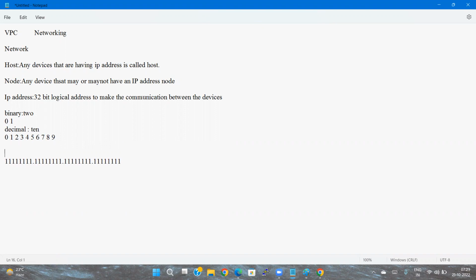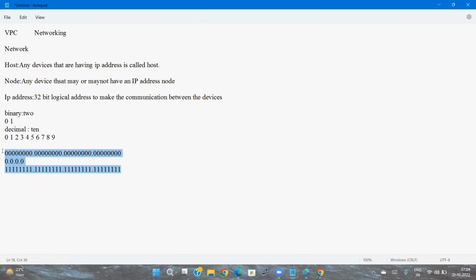If each portion has all zeros, 1, 2, 3, 4, 5, 6, 7, 8, so if it is starting from all zeros, this is how your first IP address will look like, all zeros, which means 0.0.0.0. So the first IP might be 0.0.0.0, and the last IP address will be 255.255.255.255.